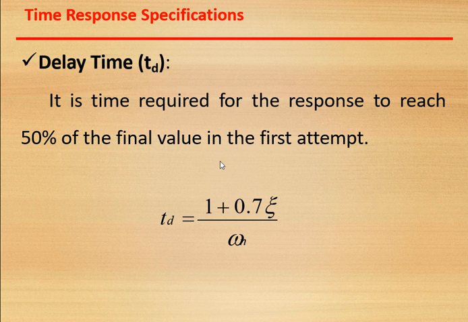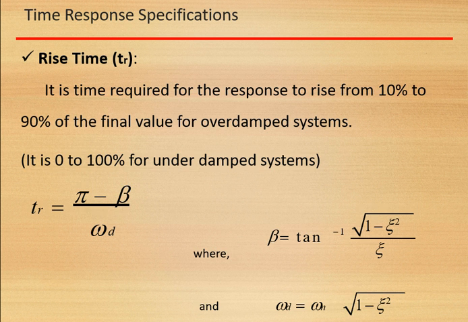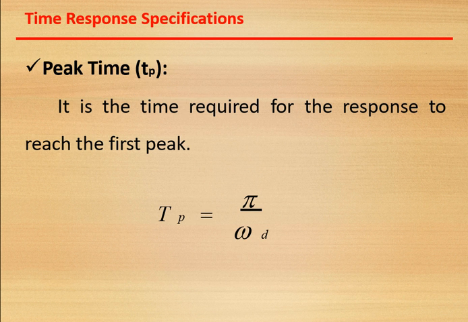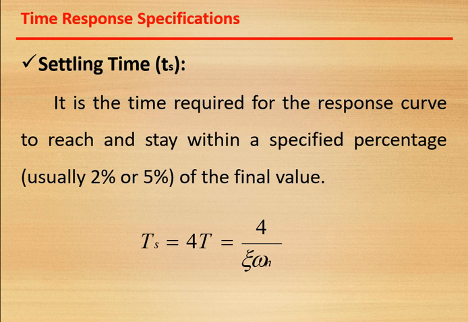So we have seen the definitions of these and some equations. In the exam they will give you a system function, and with the help of that you have to calculate the delay time, rise time, peak overshoot, peak time and settling time.